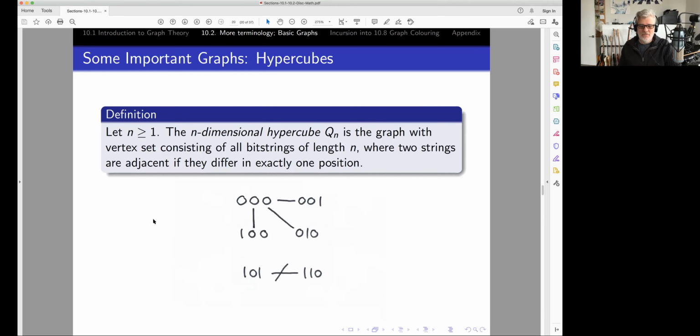Okay, hypercubes. Not quite as simple. Let n be a positive integer. We're going to define the n-dimensional hypercube, which we will denote by Qn. Its vertices are all bit strings of length n.